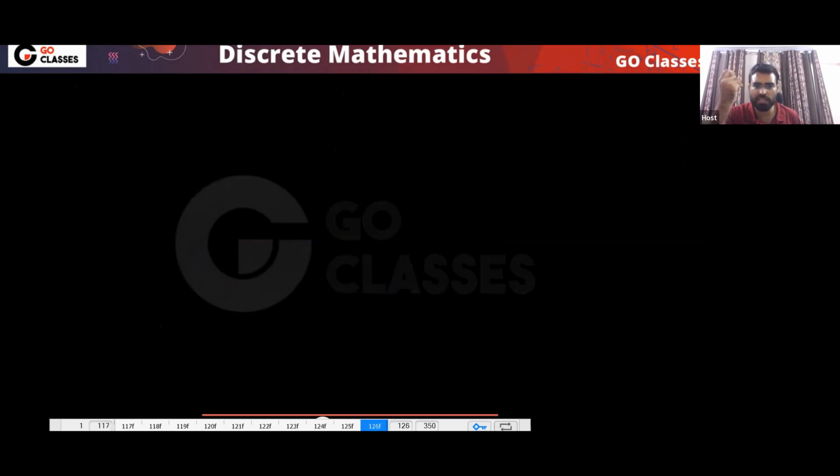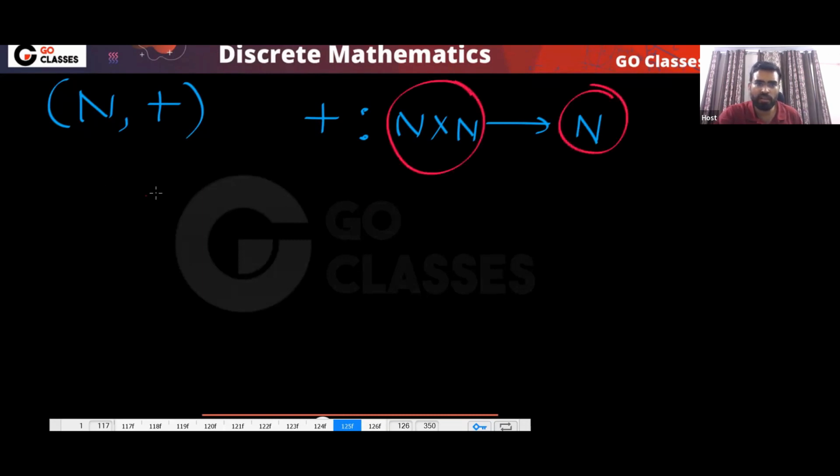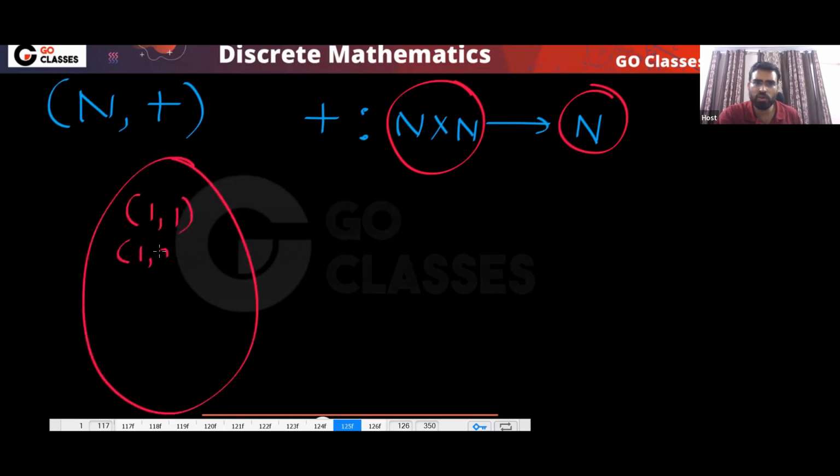For example, let's assume your base set is the set of natural numbers and the operation is addition. You can clearly see that addition is a function from N cross N to N. This is the domain and this is the codomain. So you have, for example, (1, 1), (1, 2), (1, 3), (2, 1), and so on, and what will be their image?